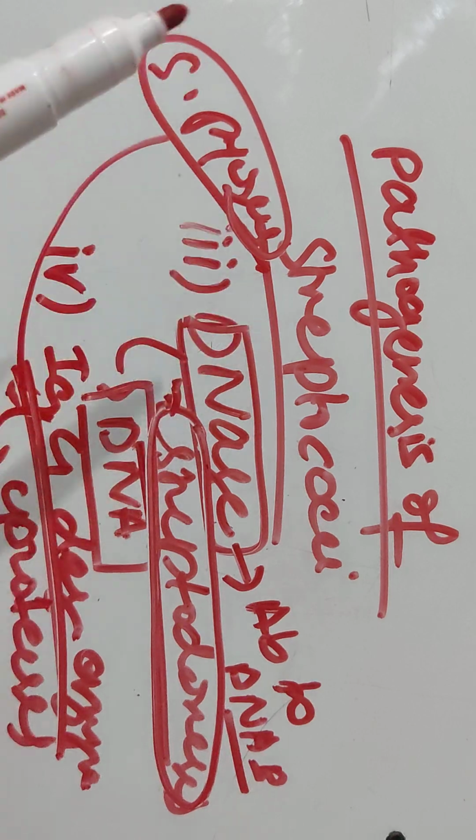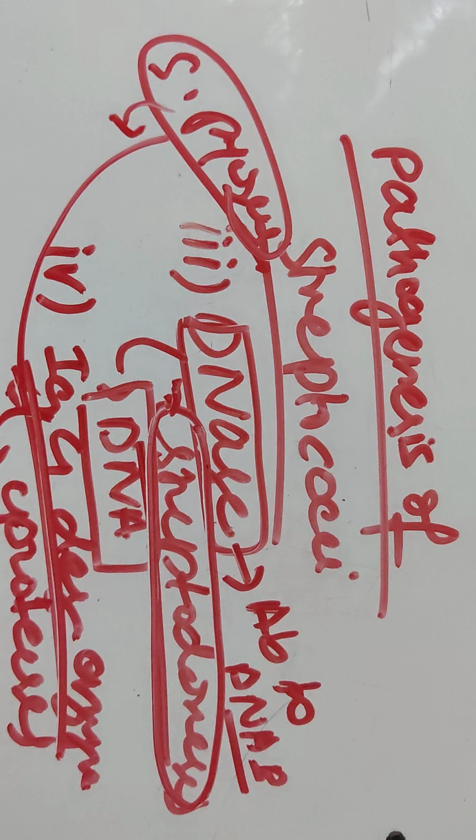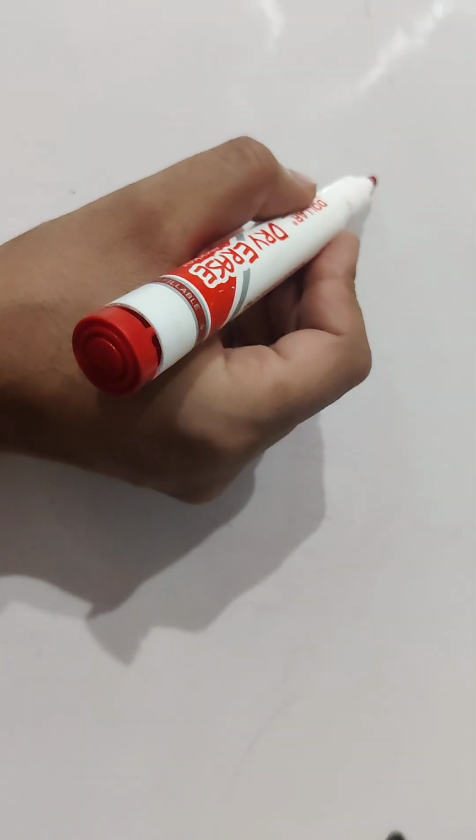In addition to these enzymes, Streptococcus pyogenes also produces 5 important toxins and hemolysins. Now we will discuss these 5 important toxins and hemolysins.